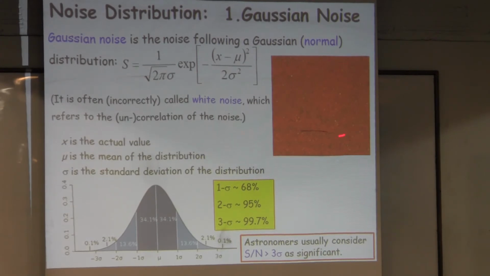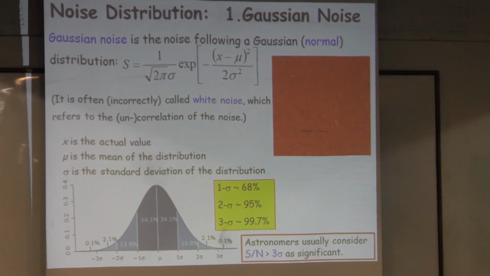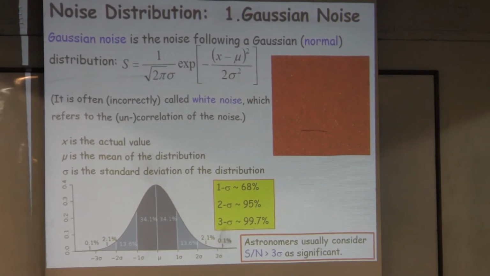And the distribution of that, if you would just plot the signal as a function of the pixels, as a histogram, you would get a distribution like that, where this mu is the mean value, corresponding to the red color, and the characteristics of this Gauss distribution simply are that about 68% of all your data lie within one standard deviation, 95% lie within two sigma, and 99.7% are within 3 sigma.